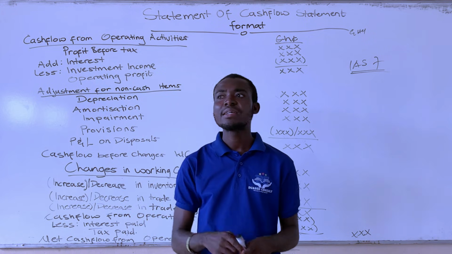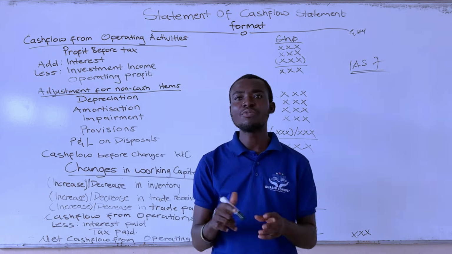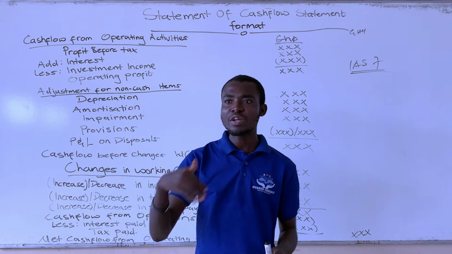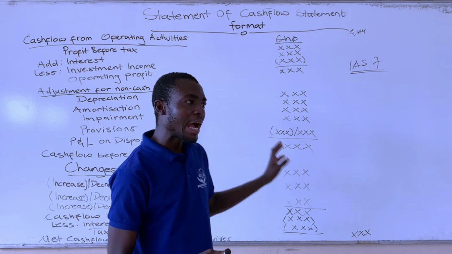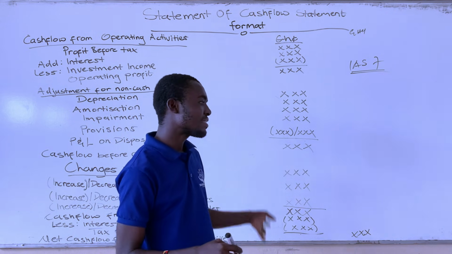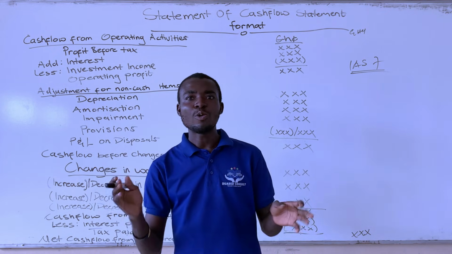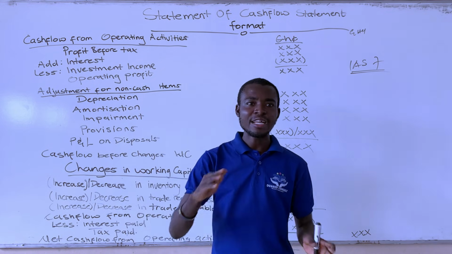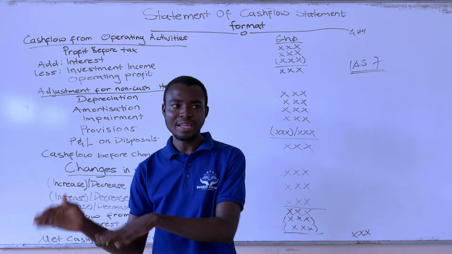So always, the organization will use either equity financing or debt financing. Anything that relates to the financing of the organization will be recorded under financing activities. And when it comes to investing activities, that's any activity that will enhance the operating activities of the organization.